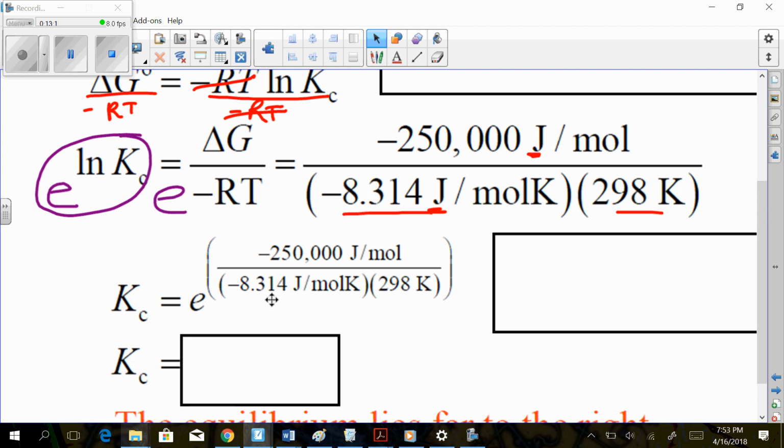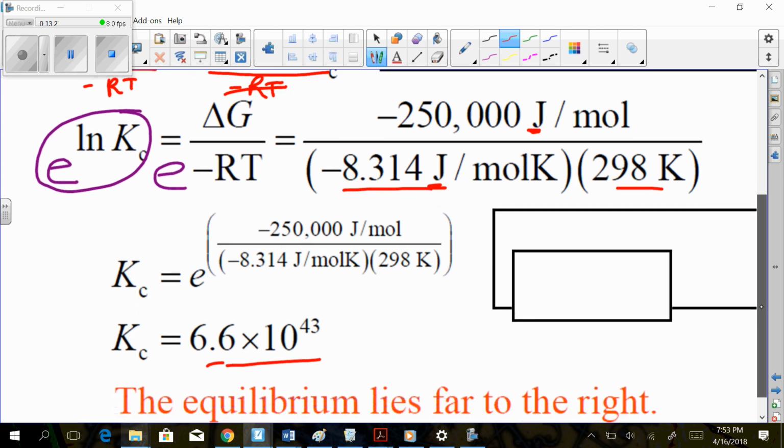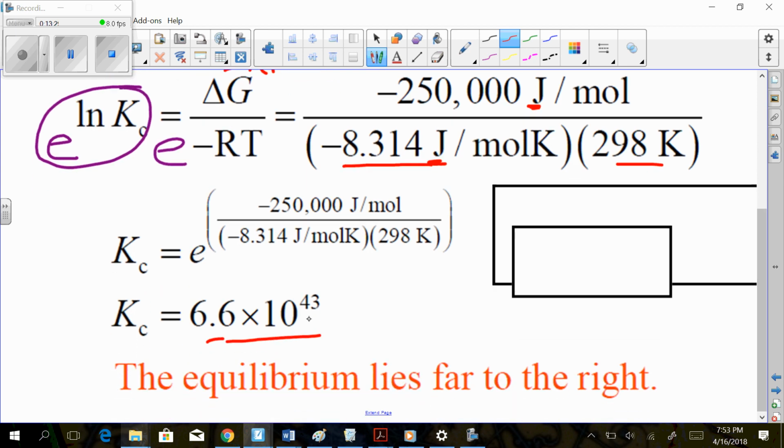So we have the R value, the T value. Putting those numbers in your calculator, you should get a number that's rather large, like 6.6 times 10 to the 43rd. And if you look at that, that's a really big number.